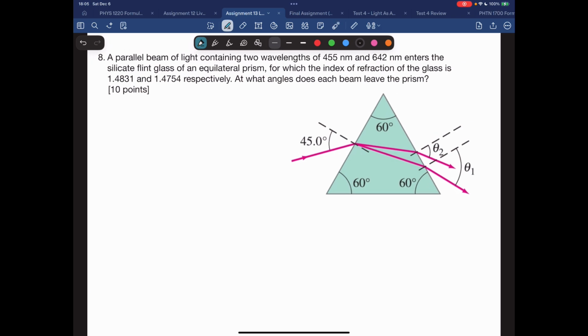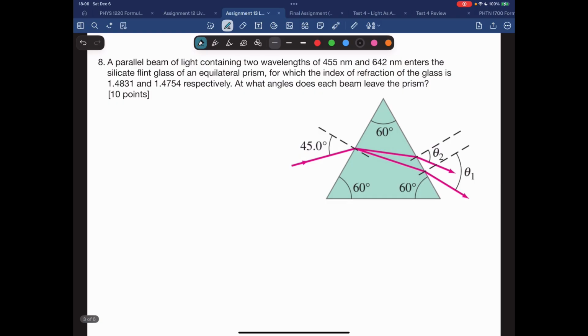A parallel beam of light containing two wavelengths of 455 nanometer and 642 nanometer light enters the silicate flint glass of an equilateral prism shown here on the right, for which the index of refraction of the glass is 1.4831 and 1.4754 respectively. So again, the same indexes of refraction. At what angles does each beam leave the prism?